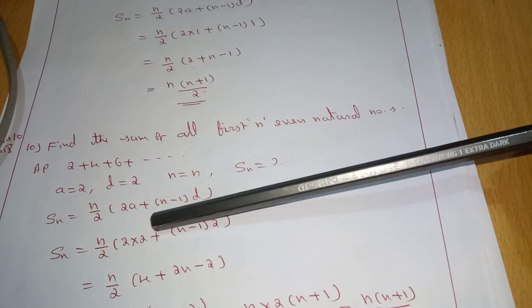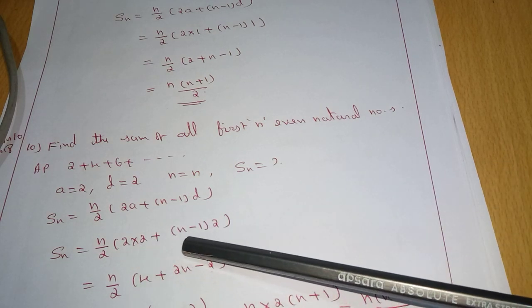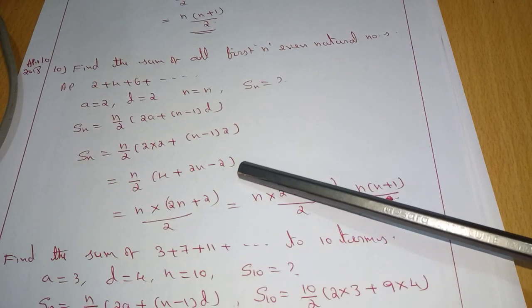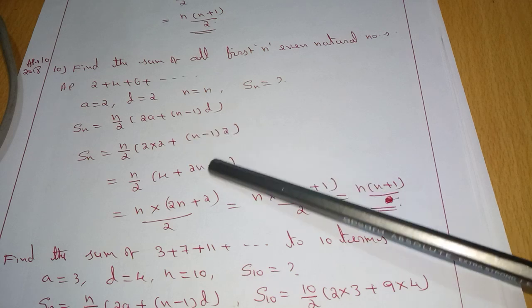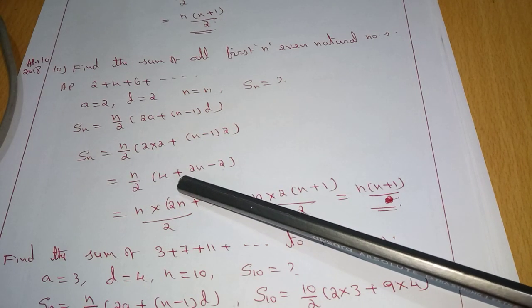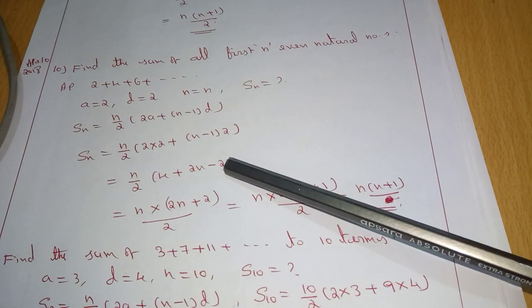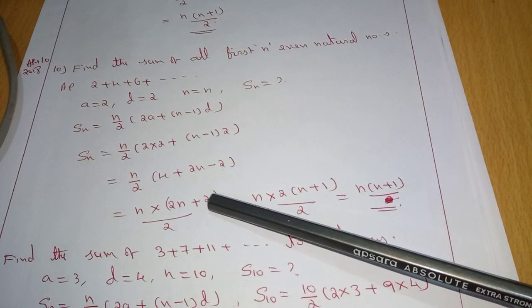Next, substitution. n by 2 into, how much? 2 into 2 plus n minus 1 into 2. Multiply 2 inside the bracket, it will become 2n minus 2. So n by 2 into 4 plus 2n minus 2. 4 minus 2 is 2. Therefore, inside the bracket 2n plus 2.